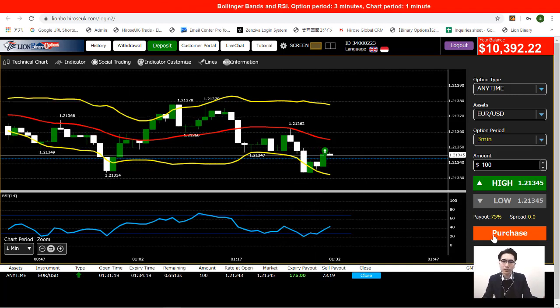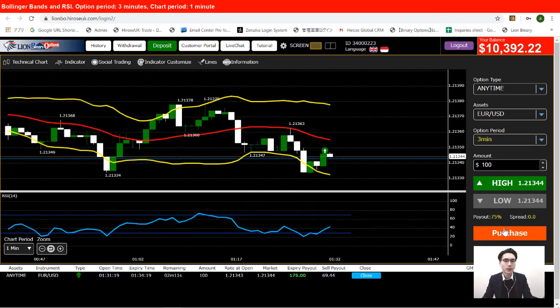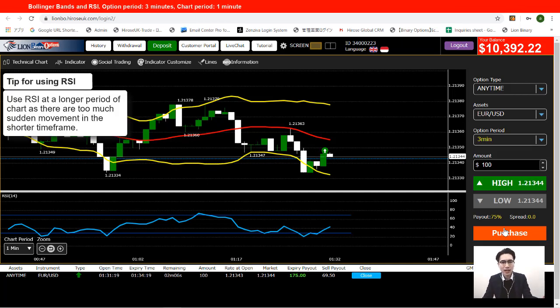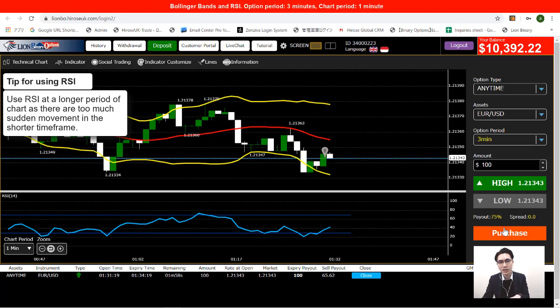So well, one last tip for this strategy is that I would suggest you use this strategy on a slightly longer period of chart. If for example I use a 1 minute chart here, the candlestick actually has more movement in a 10 seconds chart.